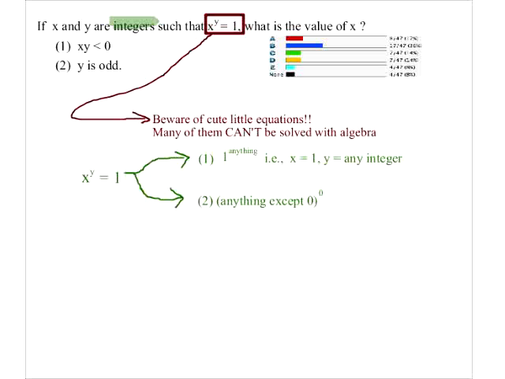In other words, x is any integer except 0, and then y is 0. Okay. If you need examples of these, then you can try them yourselves. But for example, 1 to the negative 2,000 power is still 1.